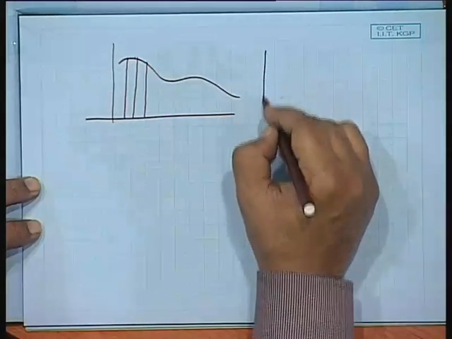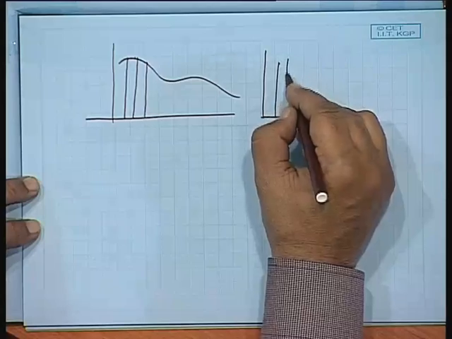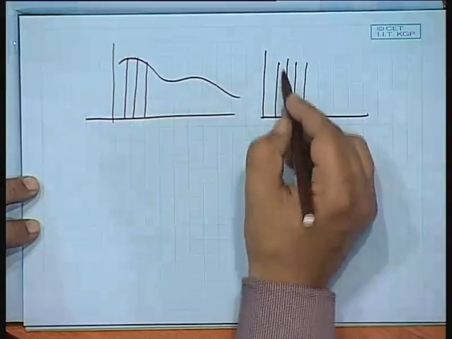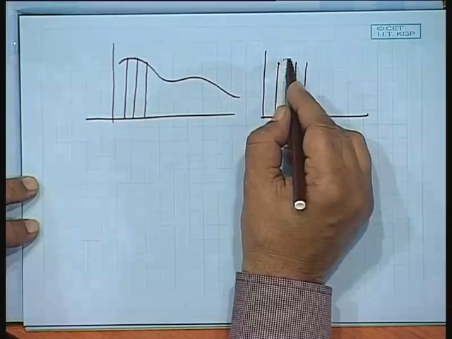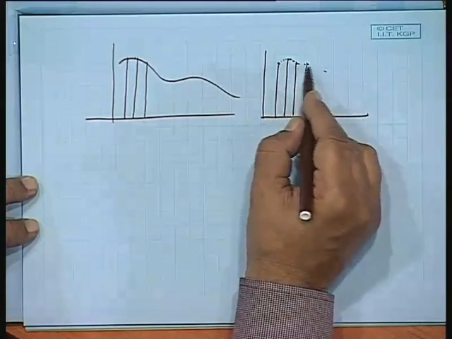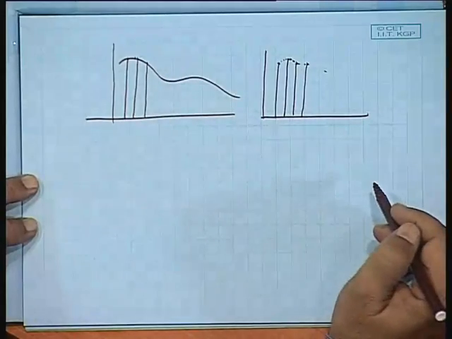So that means your sampled values are these. If I keep on joining the tips by straight lines, that will be describing very closely the original analog curve.